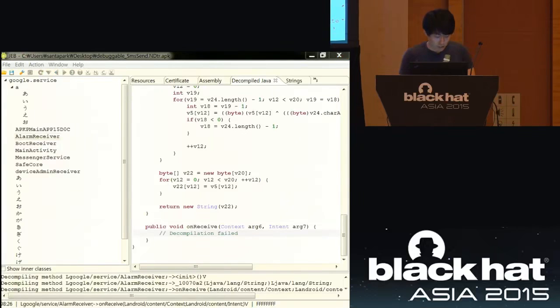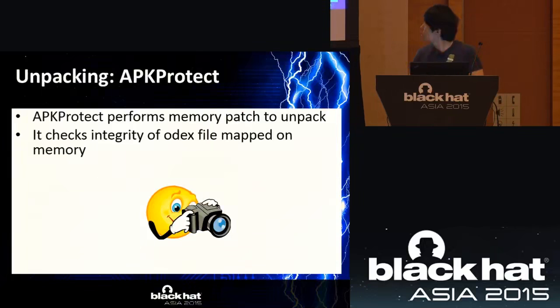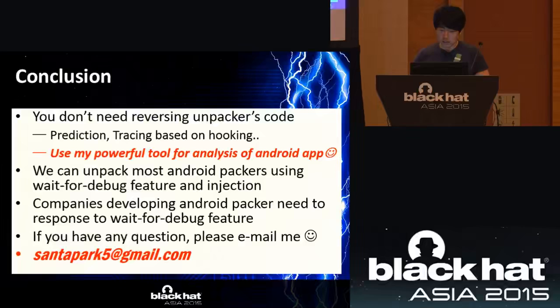Let's go back to the presentation. Now, in conclusion, with this unpacking method, you don't need to analyze unpacked code in detail. You need just prediction and tracing through hooking some functions. And I developed a powerful tool that can analyze complicated and obfuscated code fast and easily. I will show you when I'm given a chance.